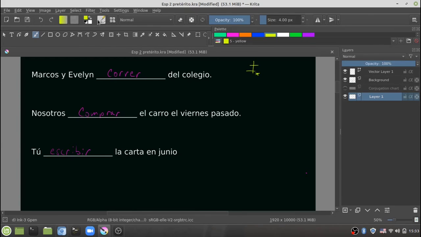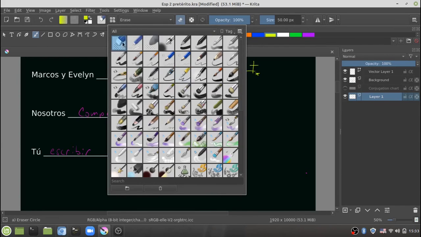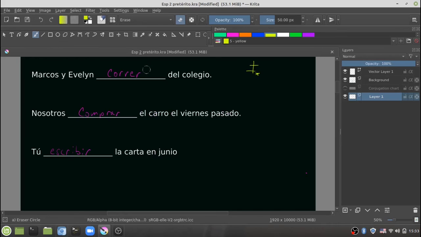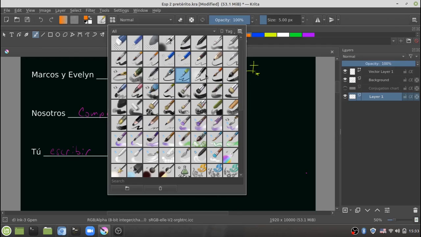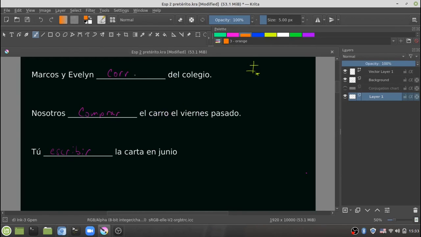So we're going to have to get rid of this ER ending on the end of it. It was an ER verb, which means we want the third person plural version of that ER ending. So we're going to have Marcos y Evelyn corrieron.